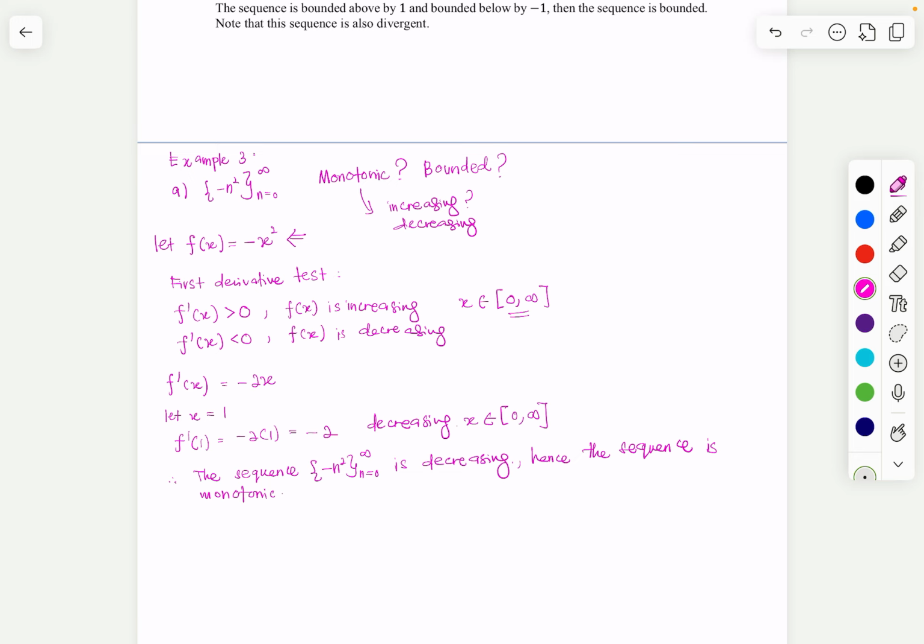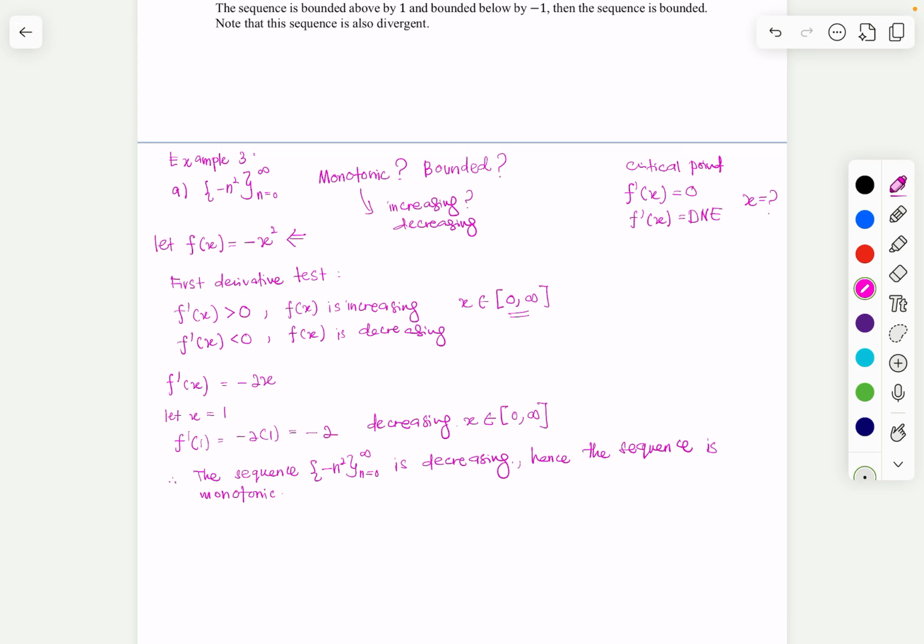So is there any critical point for this function? How do we find the critical point? It is where the first derivative equals 0, or the first derivative does not exist. You try to find the x.